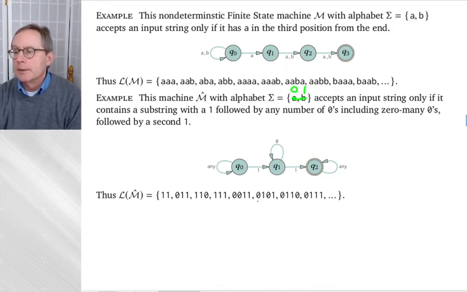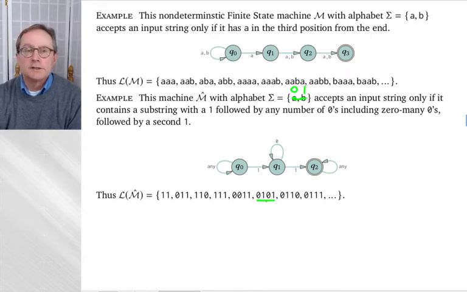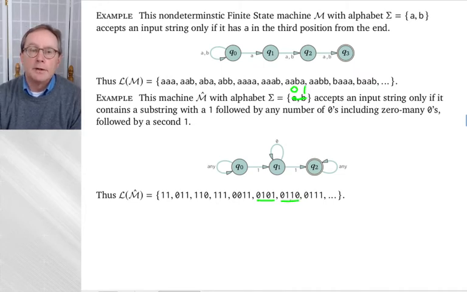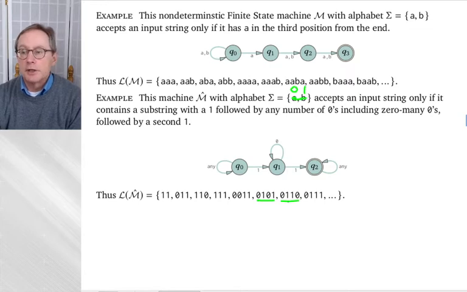So just as an example, here's a 1 followed by 1 0 followed by a 1. It has such a substring. Here's a 1 followed by many zeros followed by a second 1. It has such a substring.